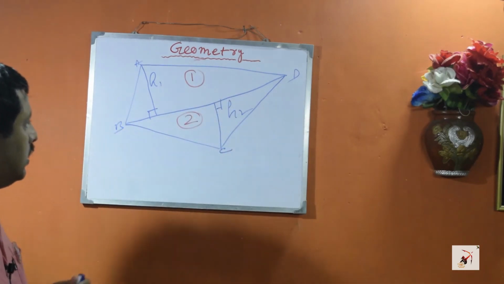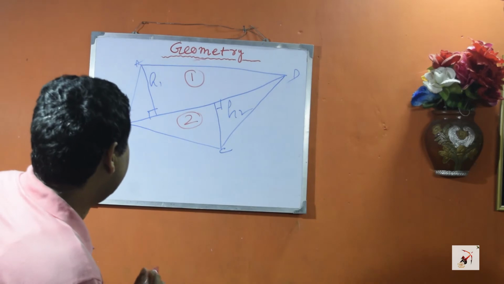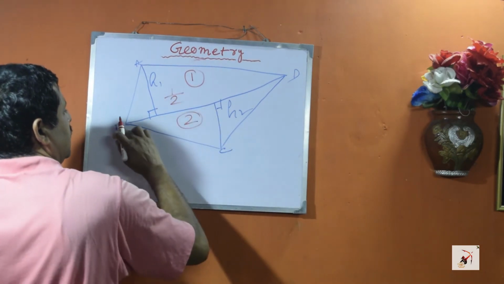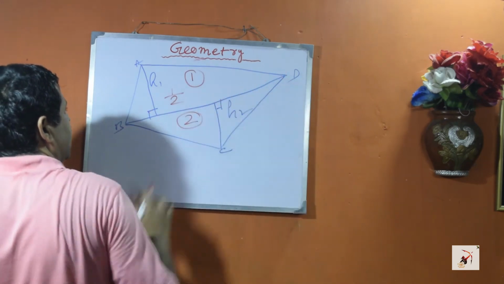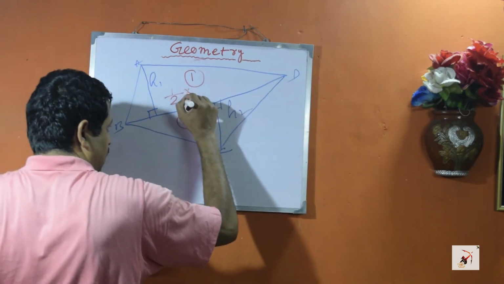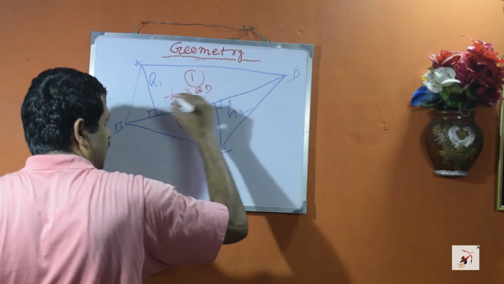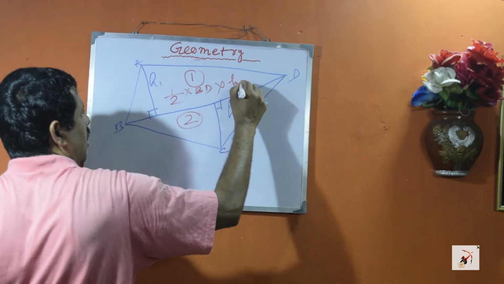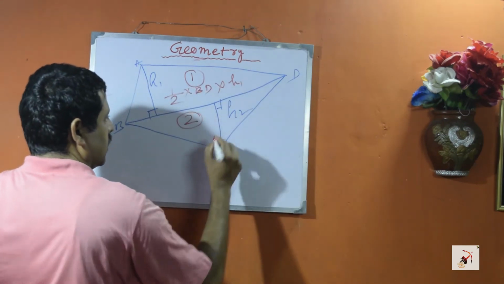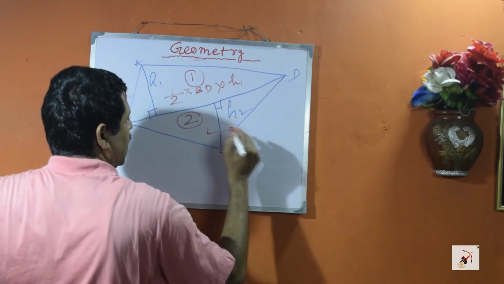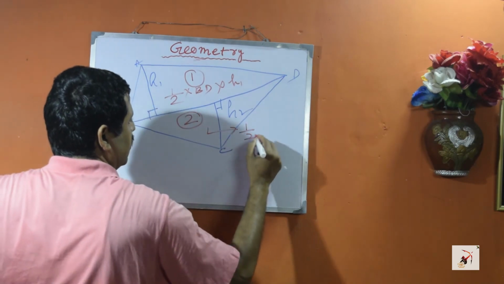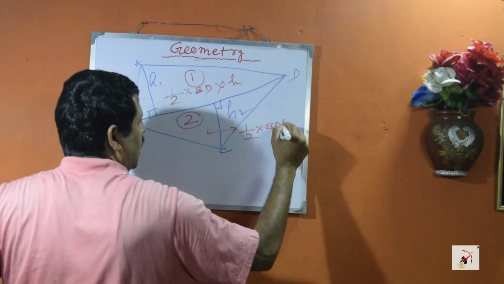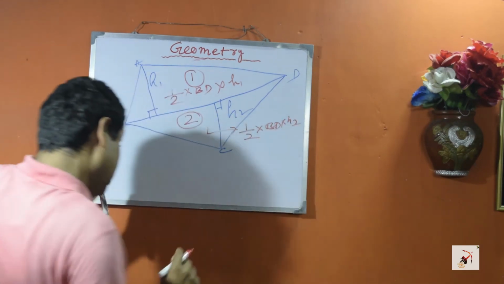Now, what is the area of triangle 1? Half. This diagonal is considered to be the base. Half into base BD into the length of the altitude, that is the length of the perpendicular, H1. For triangle 2, half into base BD into the length of the altitude H2.